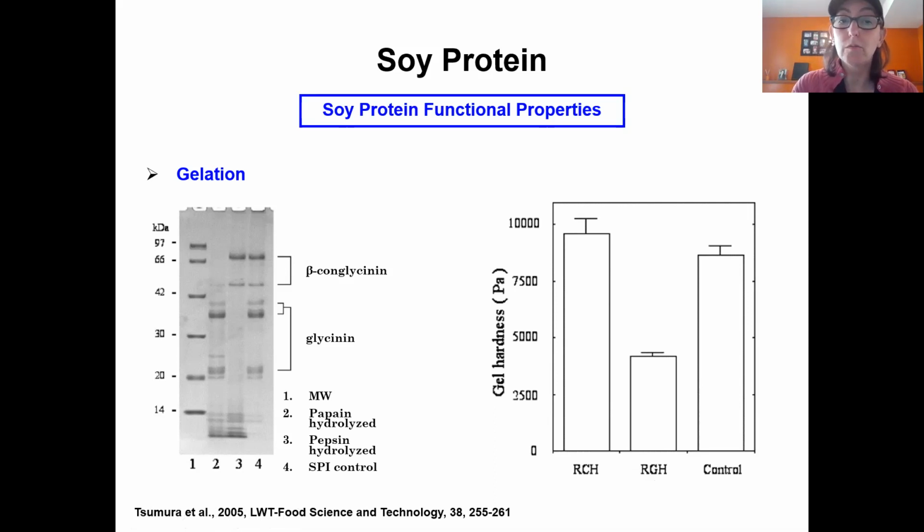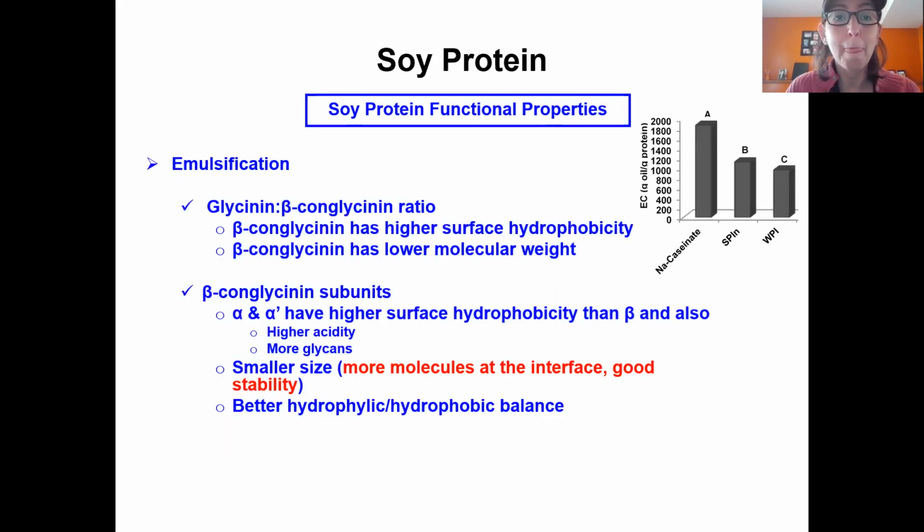Whereas when you break down beta-conglycinin, you don't see much of an impact on gel formation, maybe a slight improvement. I don't know if it's even statistically significant, but it didn't impact the gel formation as much as having a lower glycinin content. So that emphasizes the importance of the ratio of glycinin to beta-conglycinin.